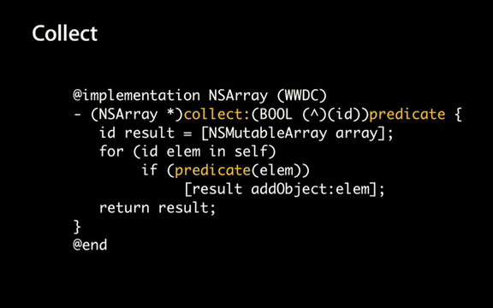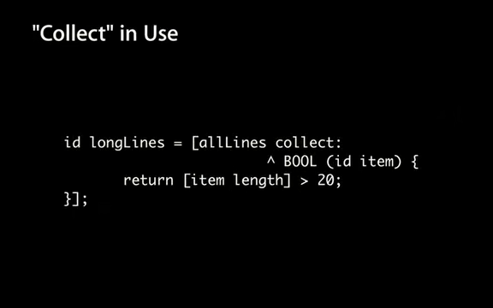It's very simple to use. It's very cool. Another one is the collect, where you pass in a predicate, which says for every element in the collection, test this predicate with the element, and if it's true, collect it. Return this back. So this is an array reducing kind of thing. In use, for example, you just pass in return item length greater than 20, and you get all strings whose length is greater than 20.